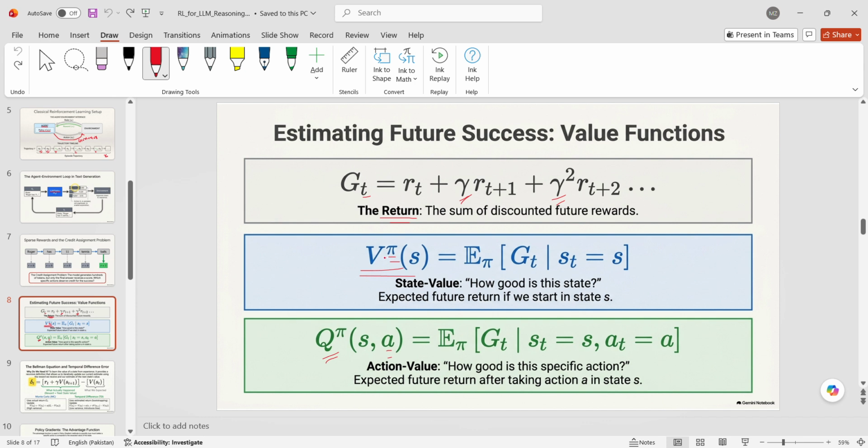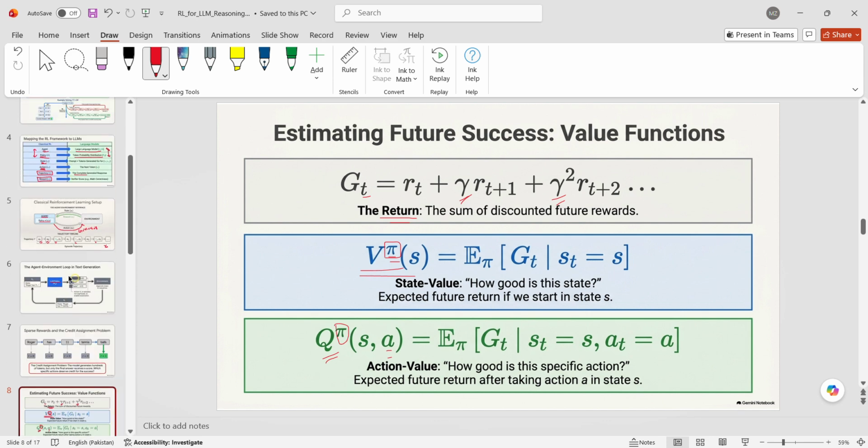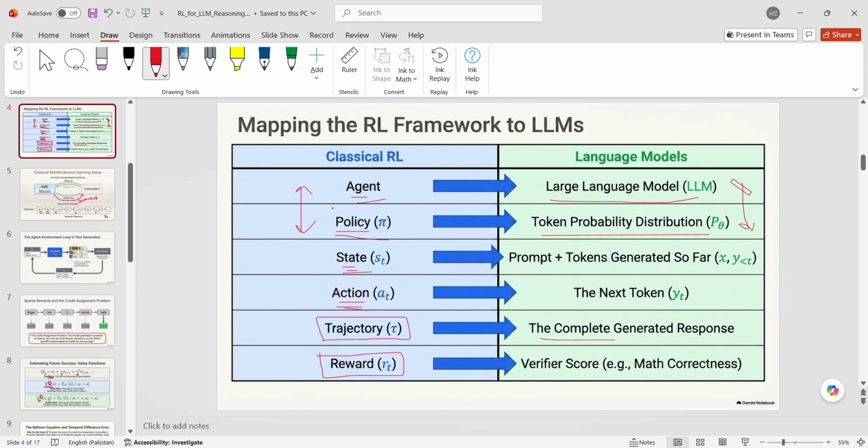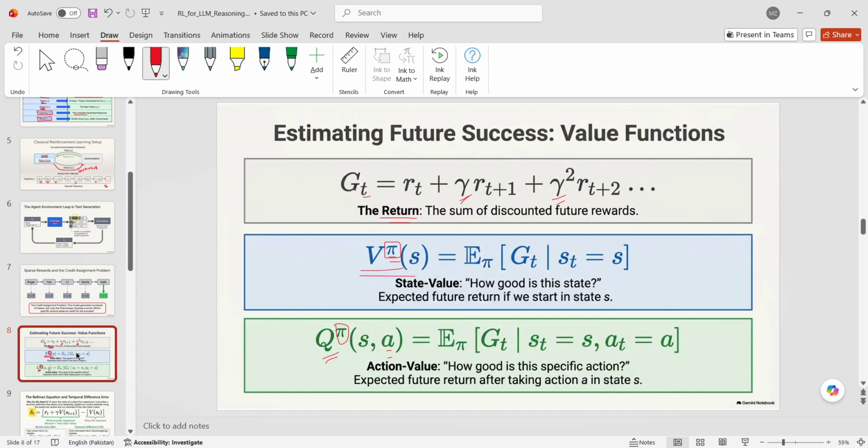You might note that both of them have this subscript of pi over them, and previously we came to know that pi represents the policy that the agent is following. So this pi represents that the value function which is giving you the value of the state S is in correspondence to this policy.